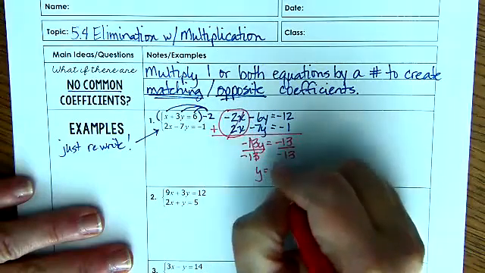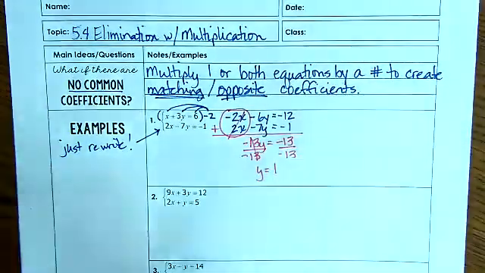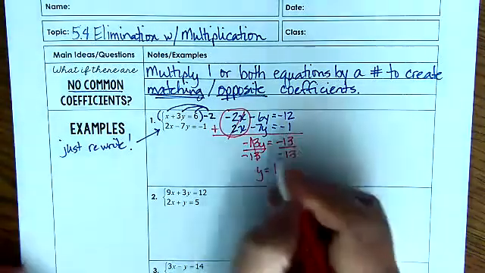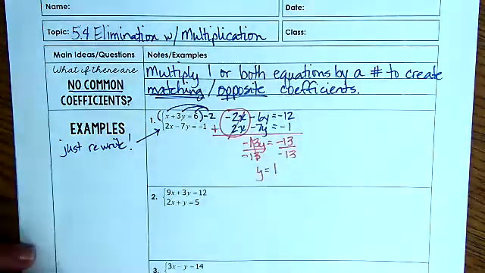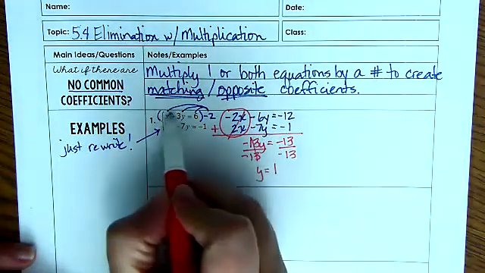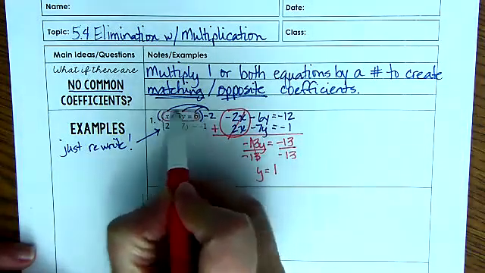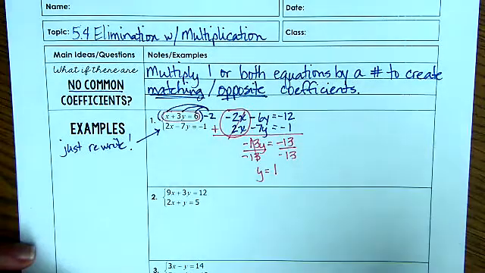And now we're just back to solving the system. y equals 1. So now I'm going to take this y and plug it in. I can choose whichever equation I want. This equation here looks easier to me because it's got one less coefficient.